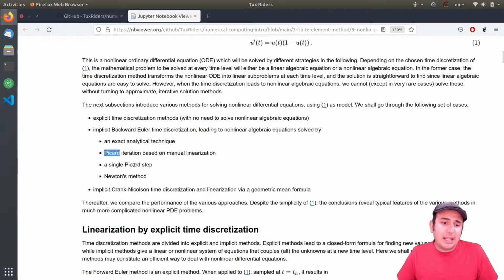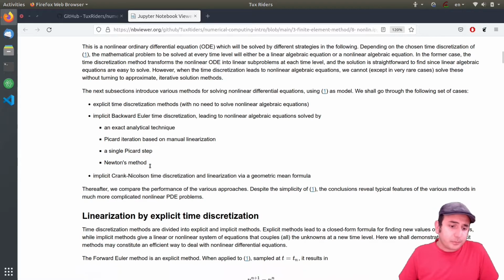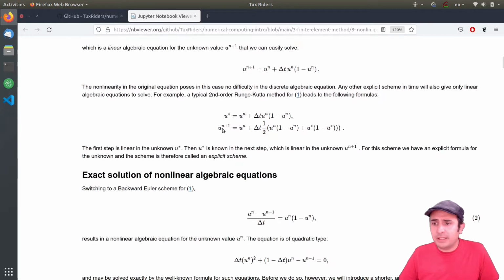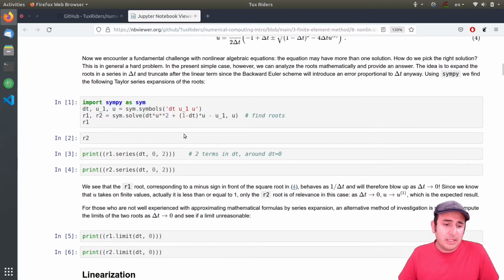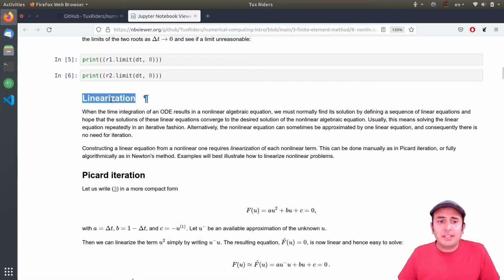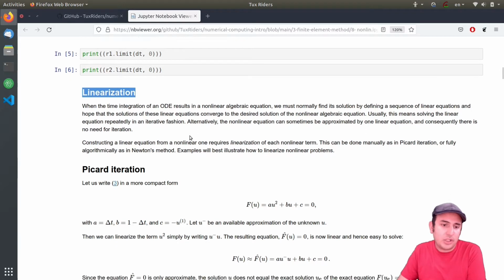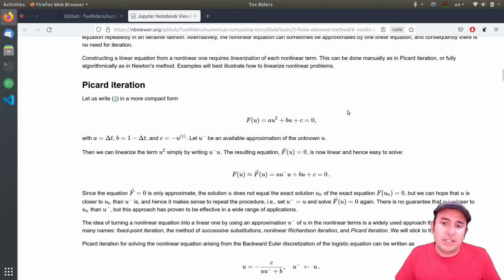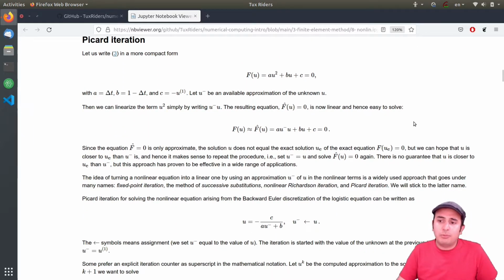And then we have relaxation, a single Picard, and then the Newton method. Let's start, as I said, not with explicit but with the implicit ones, which are also called linearization. So for the Picard iteration, imagine that we have a function like this. So this is for functions. Later on, we will have the concept for differential equations, but it's exactly the same thing.